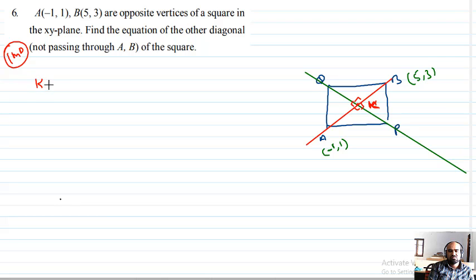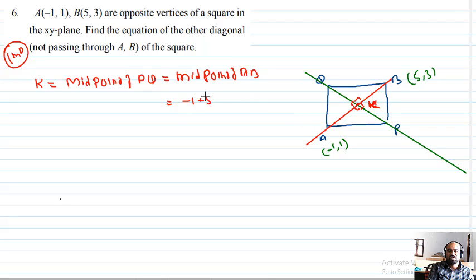K equal to midpoint of PQ equal to midpoint of AB. You know how to find the midpoint: x1 plus x2 by 2 comma y1 plus y2 by 2.